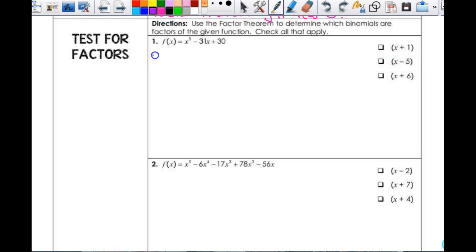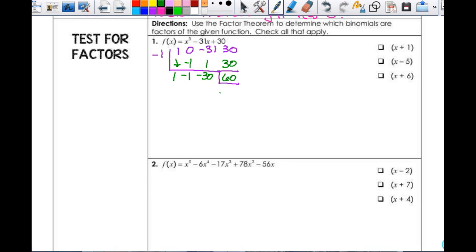So that means I'm going to test -1 being divided into this, which would be 1 and then what? 0, then -31 and 30. So bring down my 1. This is -1, -1, +1, -30, -30, 16.